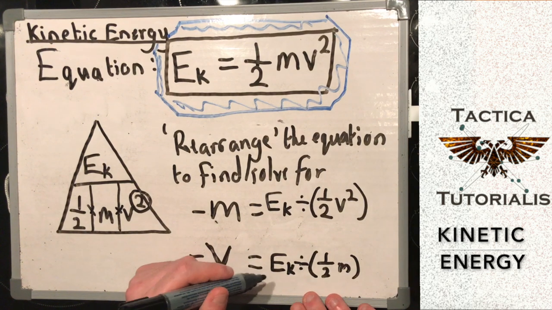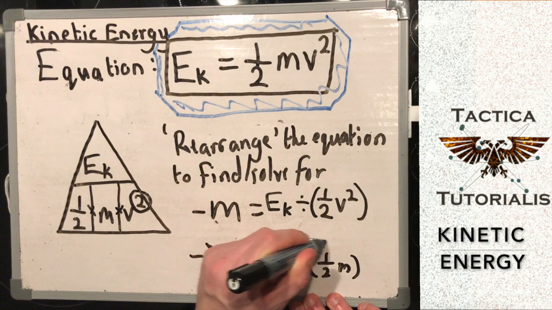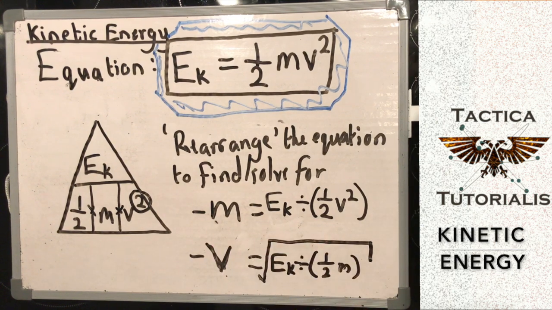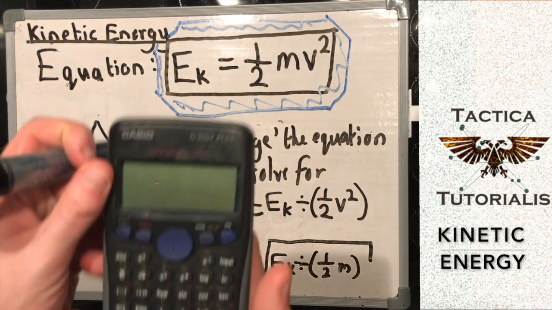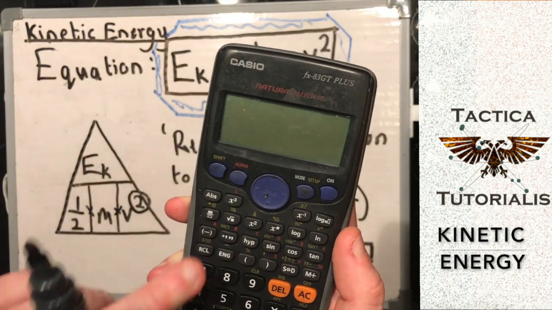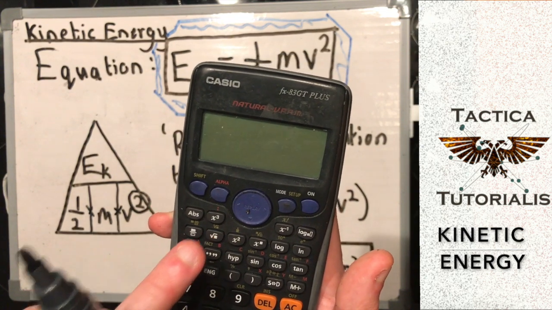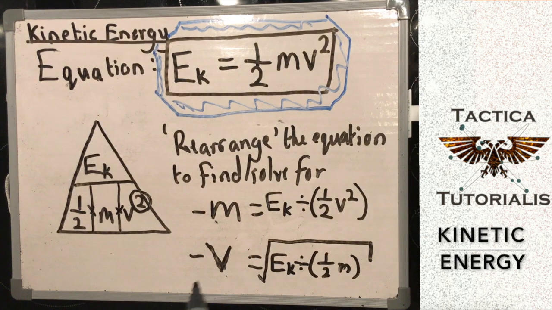And the way I do that is by using what's called a square root. There's a button for that on your calculator. If you've got a scientific calculator like I do, it's this button right here. So press that and type EK divided by a half m in there with the right numbers, and that is the way of solving for the speed. So I hope that was not too crazy.